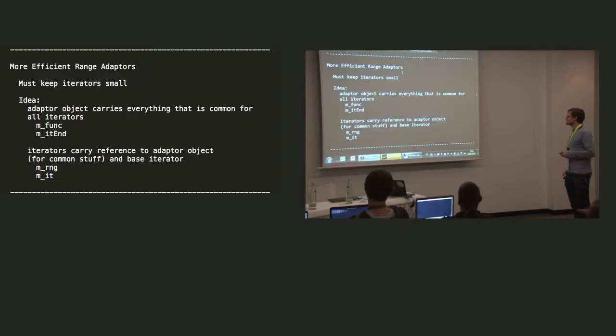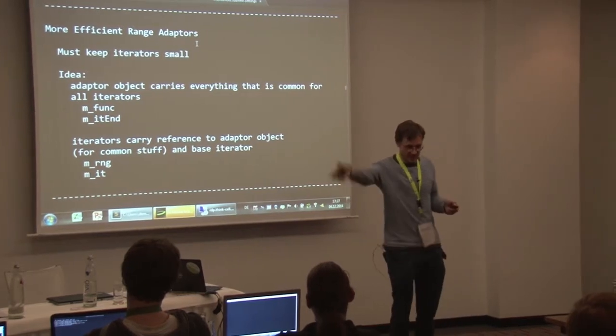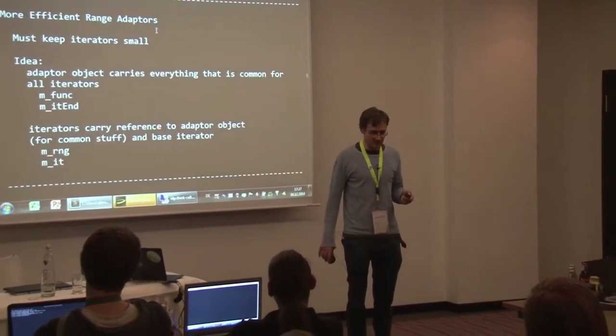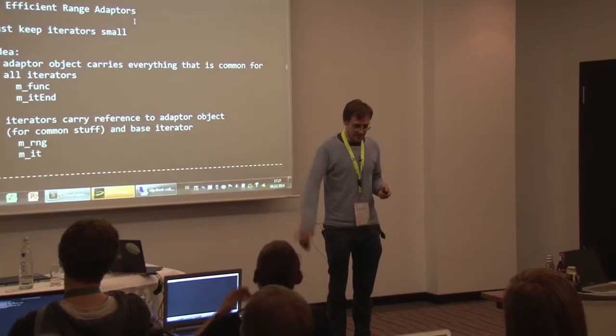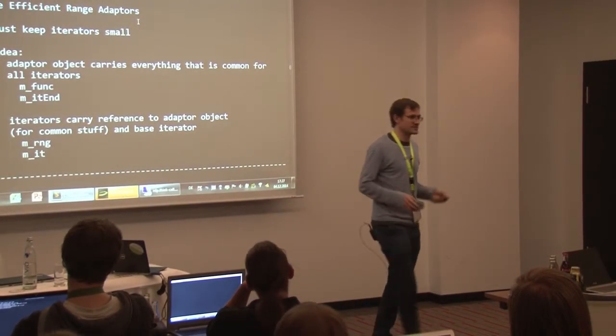And now the iterators can carry a reference to the adapter object for all the common stuff that they need to access, like the functor and the end. And they can store their own iterator, where am I in my vector? And then everything is good. So every time I increment the iterator, I can ask my range, my filter adapter object, what's the end, what's the functor, and I can do all my work that I need to do. Fantastic.